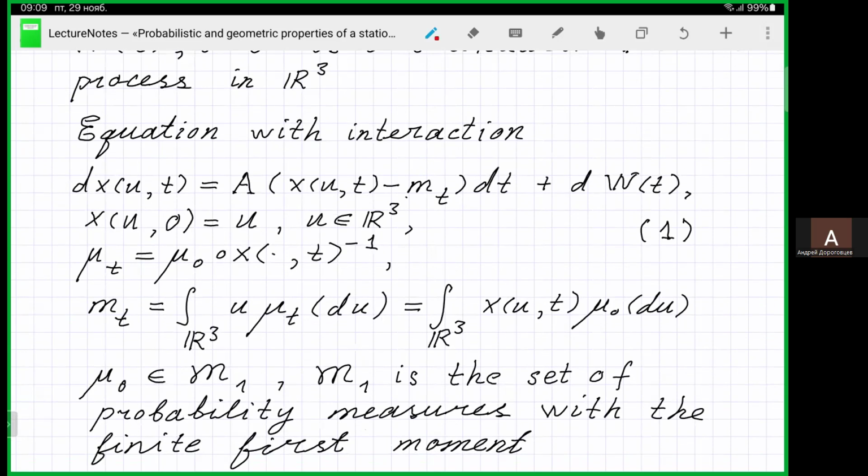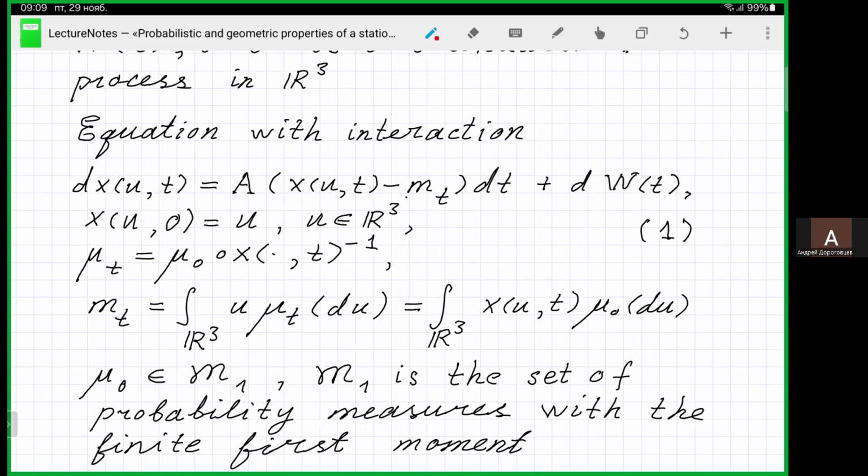Despite the fact that it is a stochastic differential equation with dW in the right-hand side, one can imagine that it has properties which are usual for solutions to differential equations, namely the solution to a good differential equation defines a flow of diffeomorphisms.